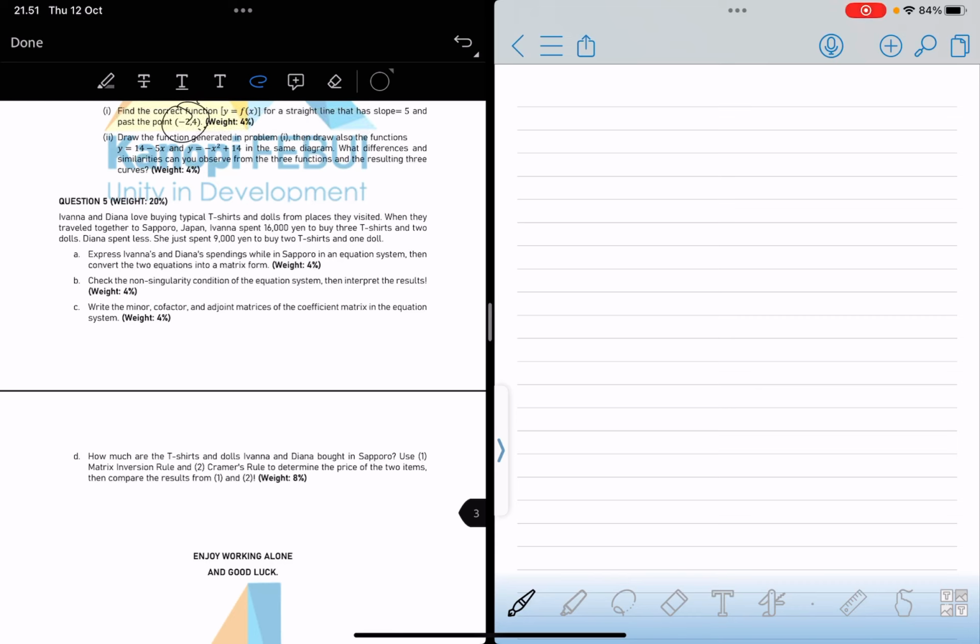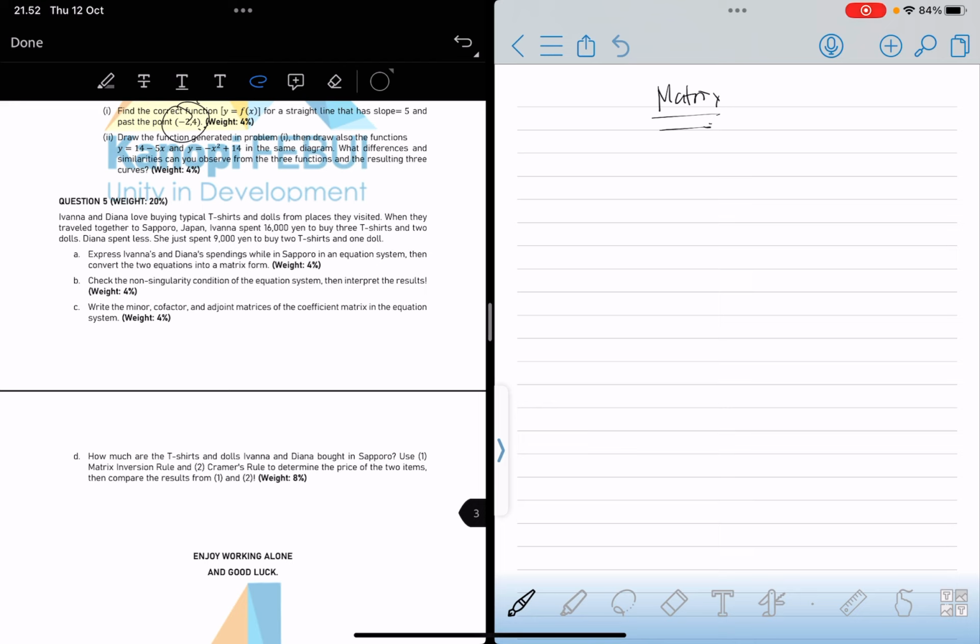Okay. Today I'd like to explain the last tutorial material of basic math before the midterm exam. I want to explain about matrix.